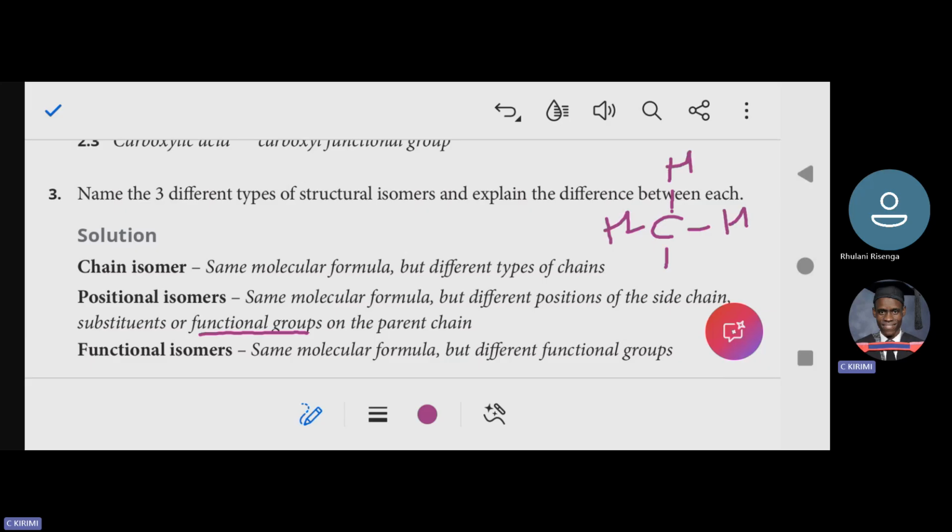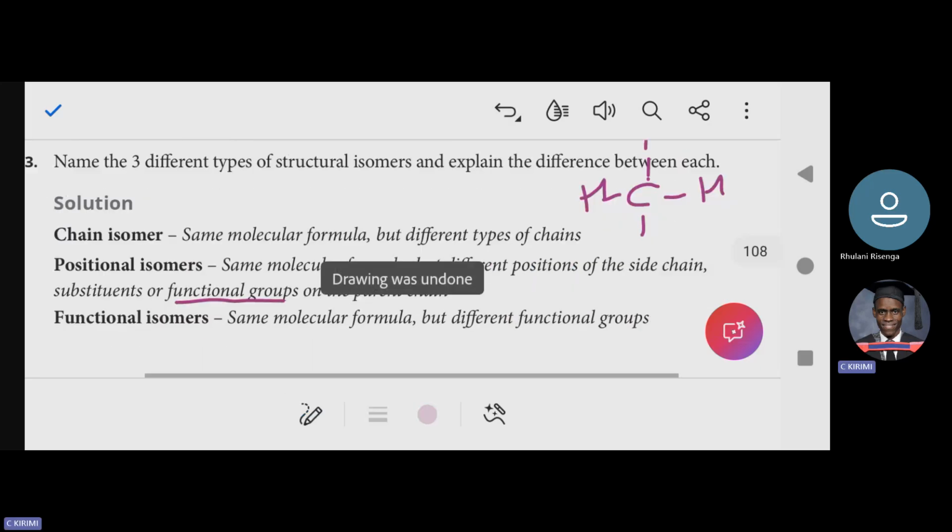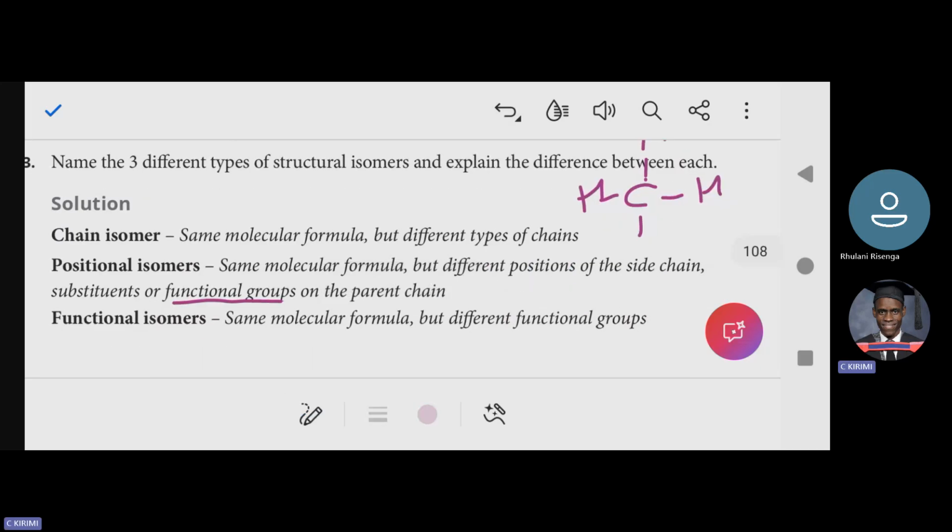Is it a methyl? Is it an ethyl, etc.? So for functional isomers, we are referring to the same molecular formula but different functional groups. So this one we have mastered it. Let's move on.